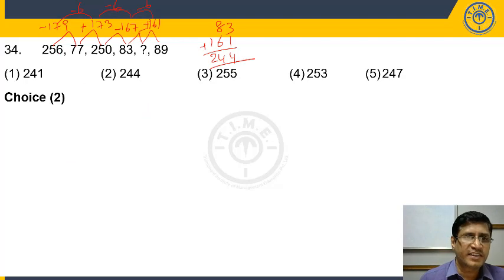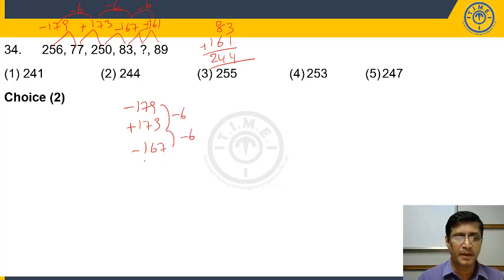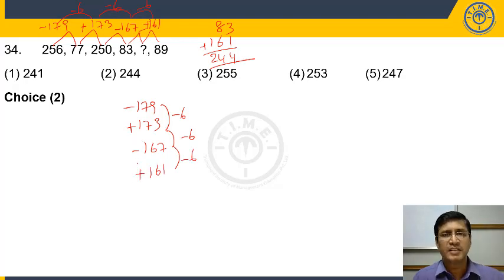Okay. So what is the discussion here? First it decreases by 179, next it increases by 173, the next one decreases by 167 and so on. So what is the gap here? The gap is 6. When you subtract 6 from this, it becomes 161. But the signs, if you observe, are alternating. First it is subtracting, then adding, subtracting, adding.